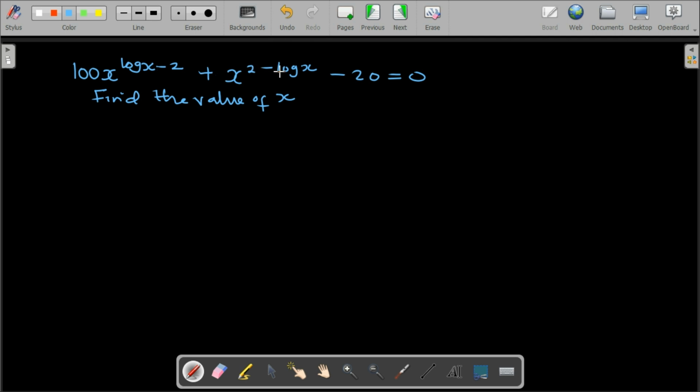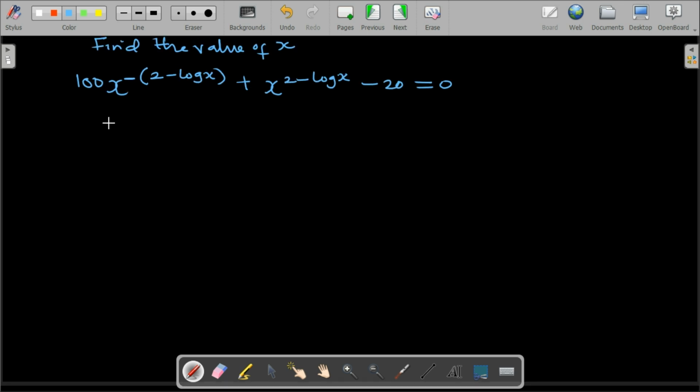very similar to 2 minus logarithm of x. That is, one is the negative of the other. So we could rewrite this as 100x raised to the power negative of 2 minus logarithm of x plus x raised to the power 2 minus logarithm of x minus 20 equals to 0.